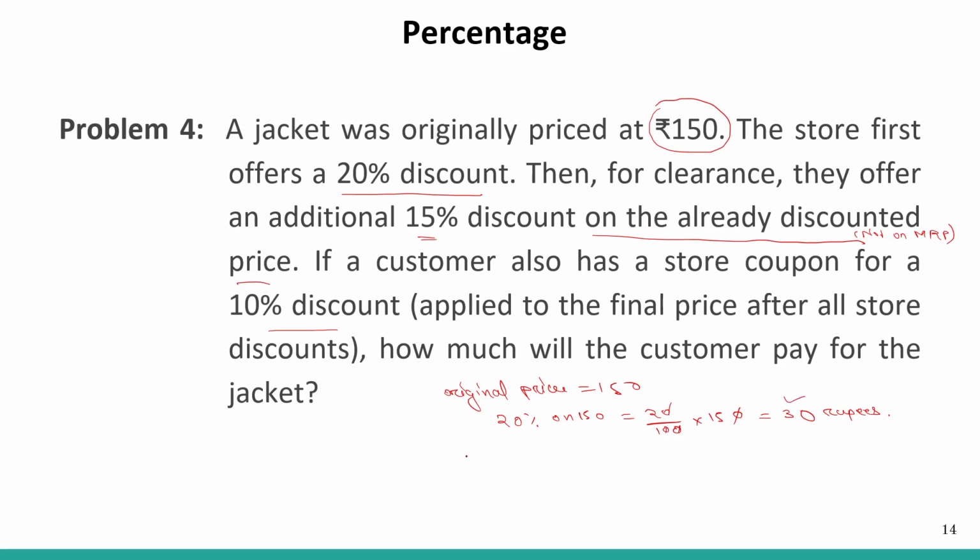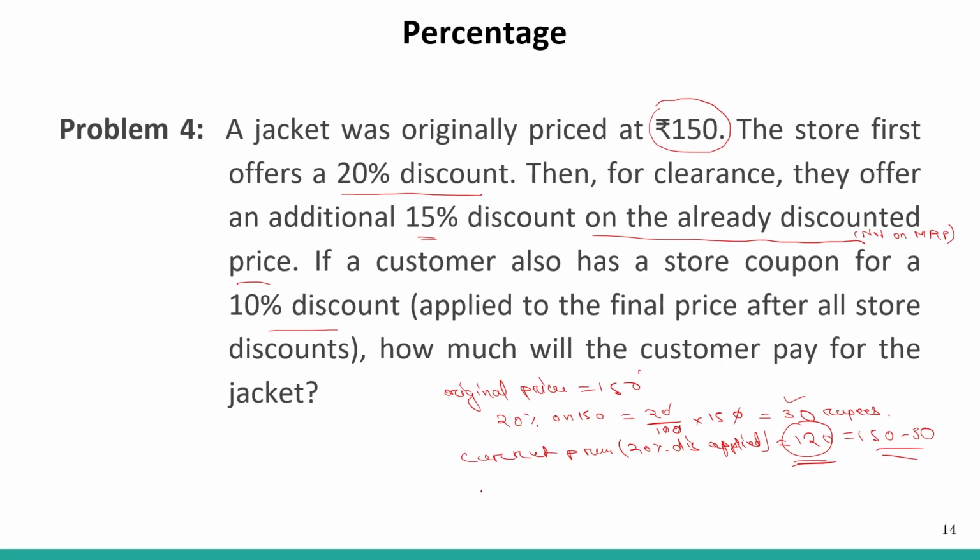So the current price after the 20% discount is equal to 150 minus 30, that is 120 rupees. What we do next is apply the 50% discount on this price, not on the MRP, not on 150. We apply the clearance discount on this one.